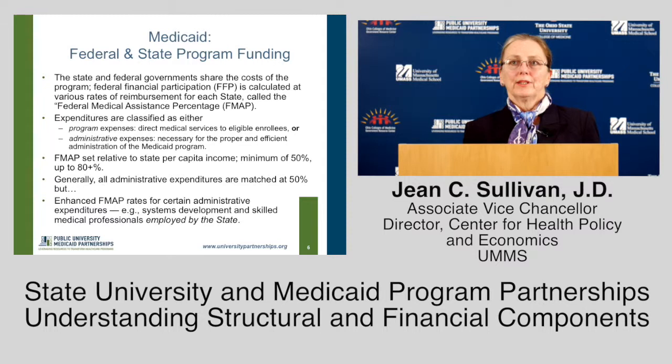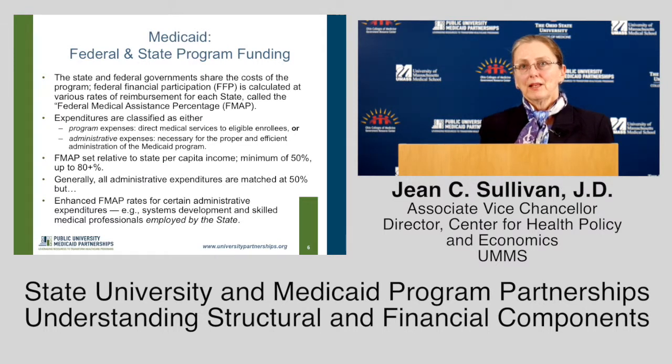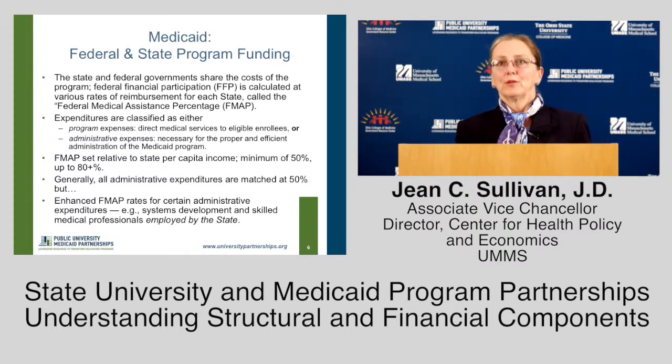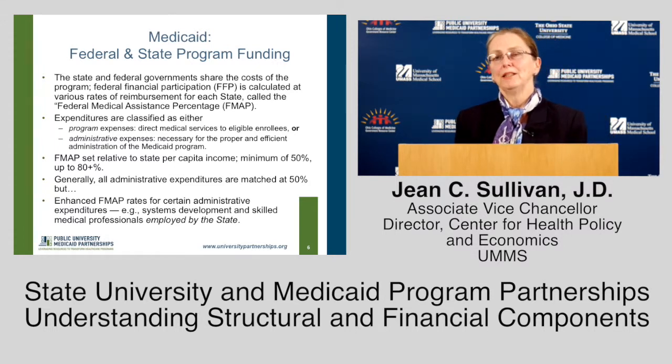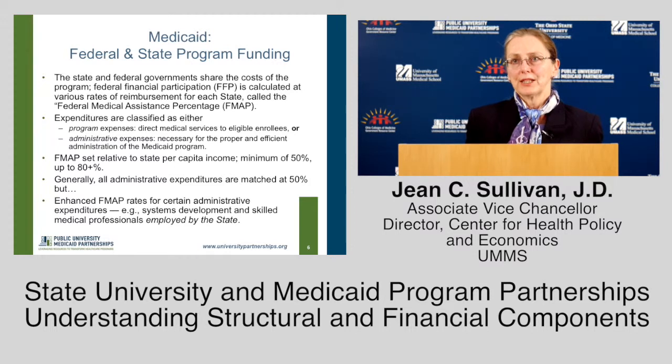A little bit more on the federal and state program funding. As I mentioned, the federal matching funds that are available are known as Federal Financial Participation, or FFP, and each state has a percentage match rate established, which is directly related to the per capita income of the state. So the wealthier a state is, the higher that match rate is, and vice versa.